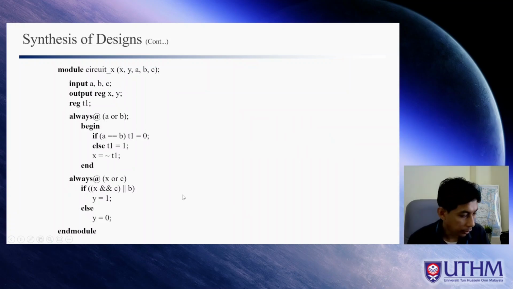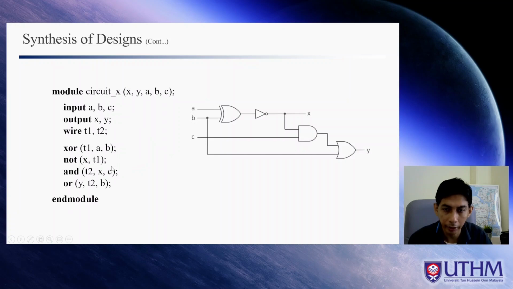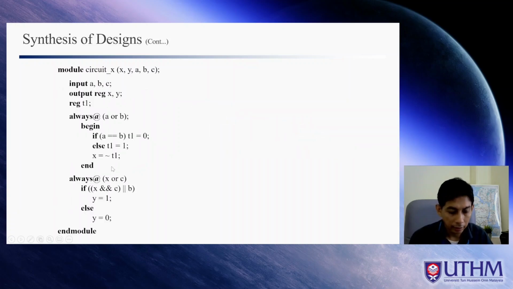And also for the behavioral code. Now we have the data flow, we have the structural, and now the behavioral code. The behavioral code is not that easy. The easiest synthesis process is from data flow code or structural code.